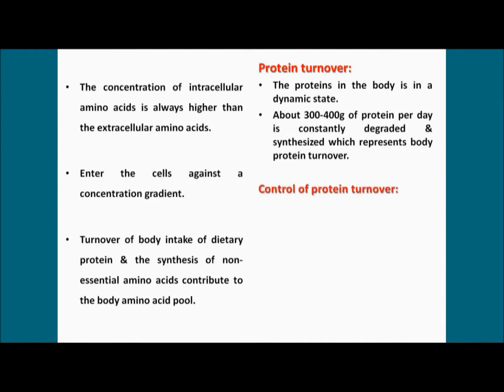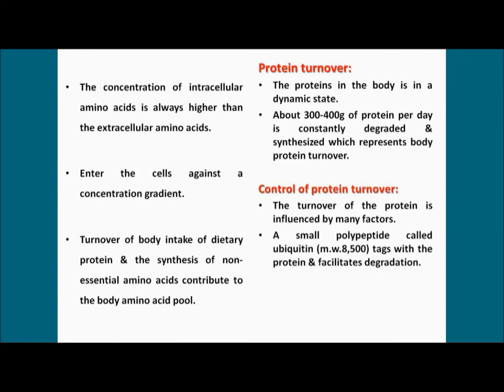Now control of protein turnover. What is going to control the protein turnover? The protein turnover is influenced by many factors of the human body, but the basic and most important thing is a small polypeptide, also known as ubiquitin, with a molecular weight of 8500. This ubiquitin tags the protein and facilitates its degradation.